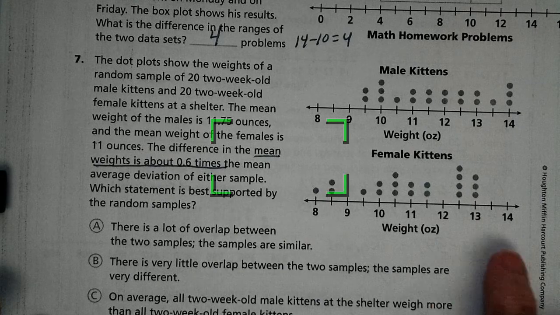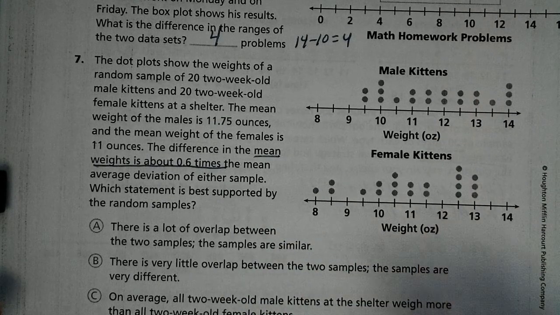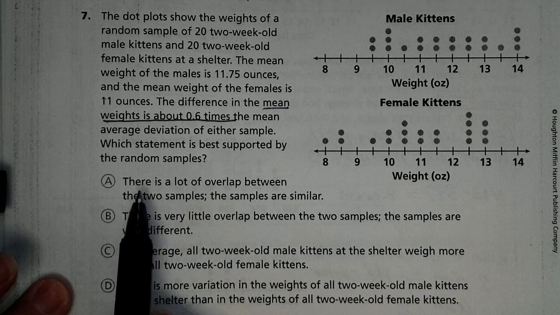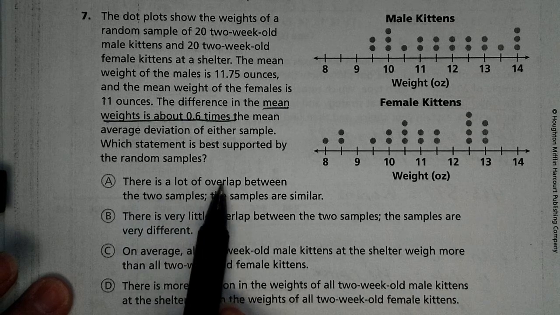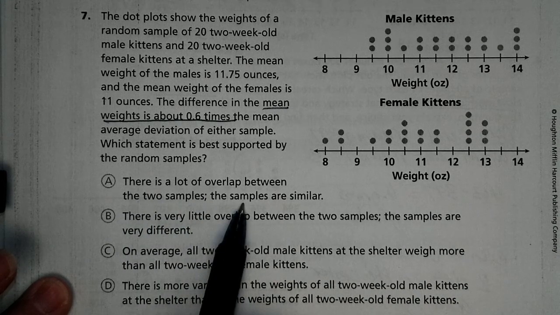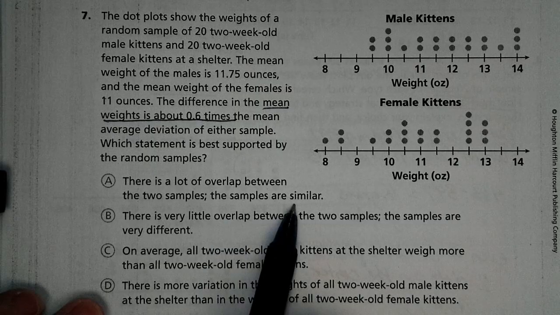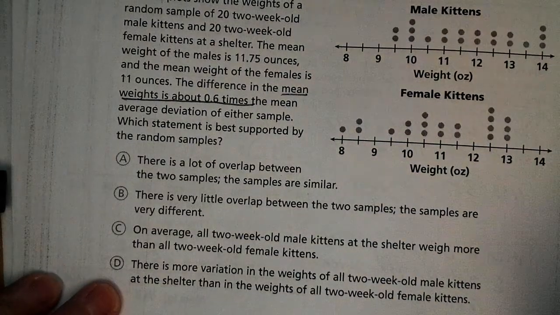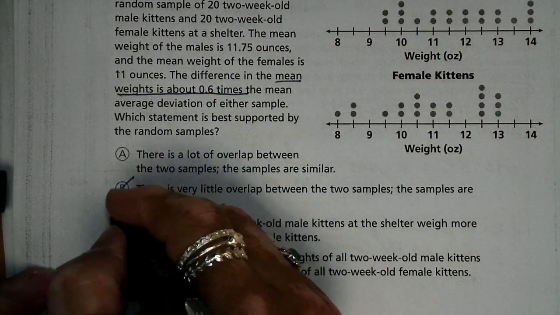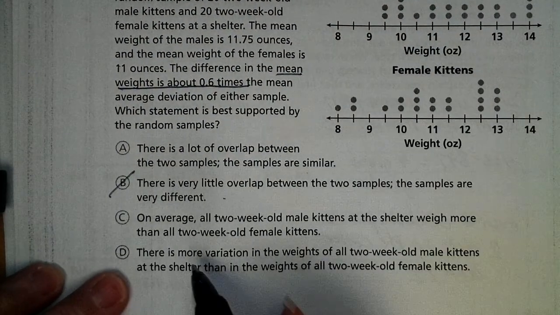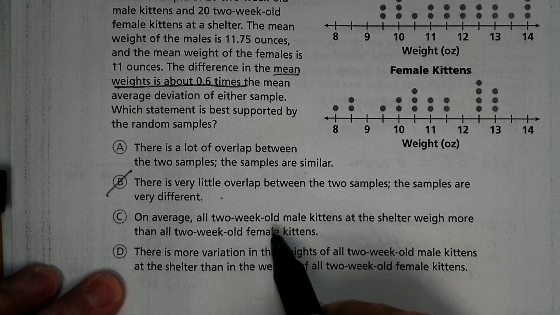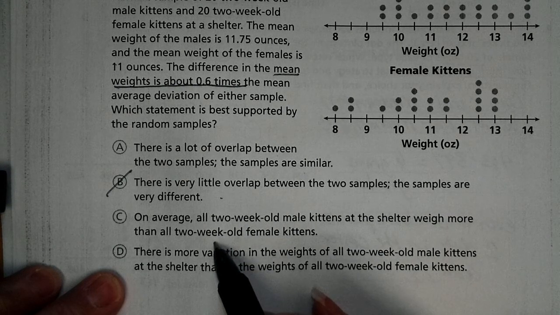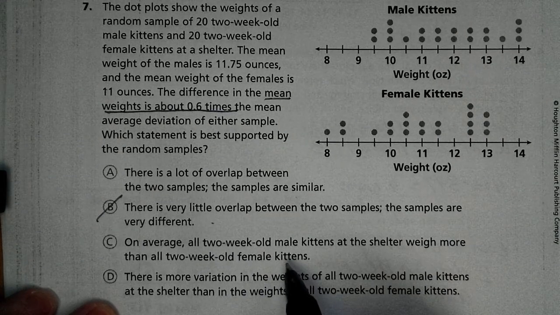So as you can see, there is a lot of overlap. So A says there is a lot of overlap between the two samples. The samples are similar, so that's a possibility, but I want to read the next ones. There is very little overlap, so we know that isn't right because there's a lot. On average, all 22-week-old male kittens at the shelter weigh more than the 22-week-old females.